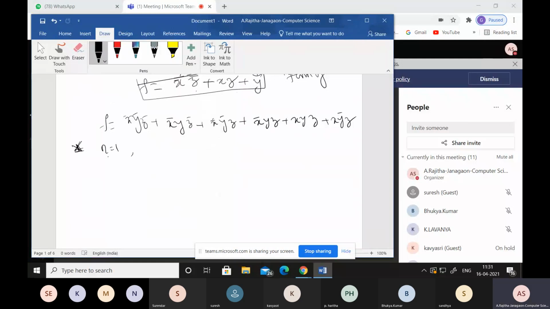So if it is a 2-cell subcube, 2-cell subcube means 2 to the power of 1. In this case, there is elimination of one variable. If there is a pair, how many variables are eliminated from a pair? So from a pair, only one variable is eliminated.